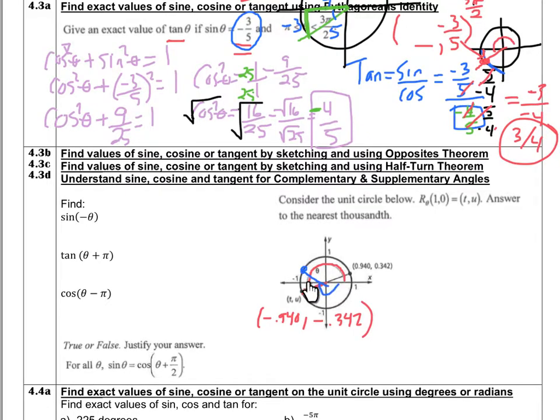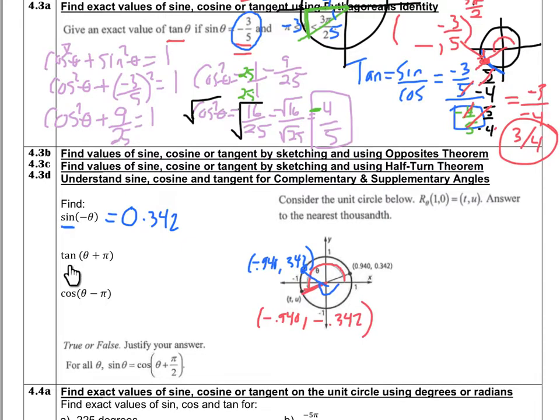This is a left and an up movement. So the left movement is going to be negative 0.940, and the up movement is a positive 0.342. The question is, what is the sine value? The sine is the y, so it's right there. The answer here is going to be a positive 0.342.